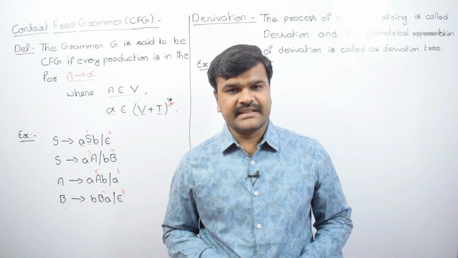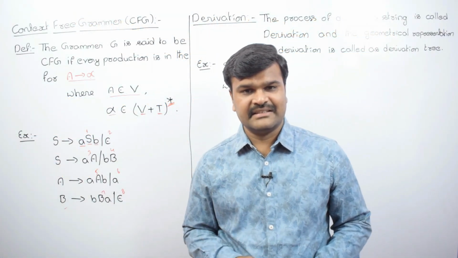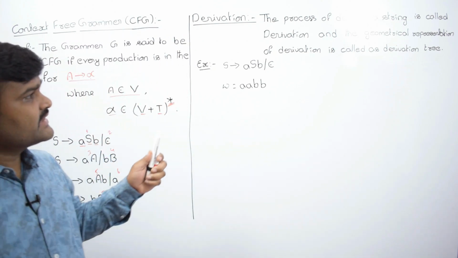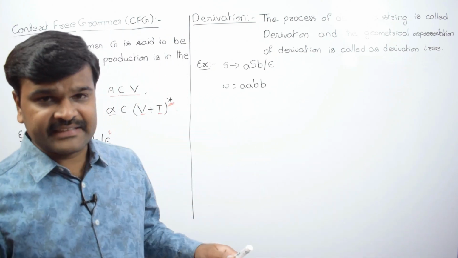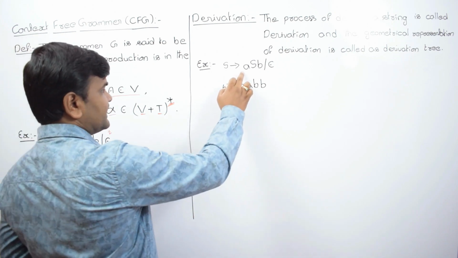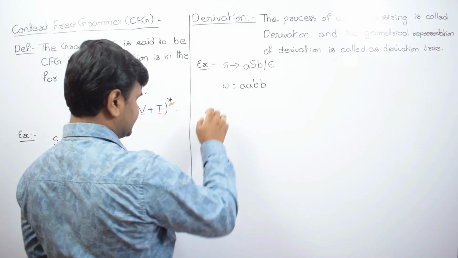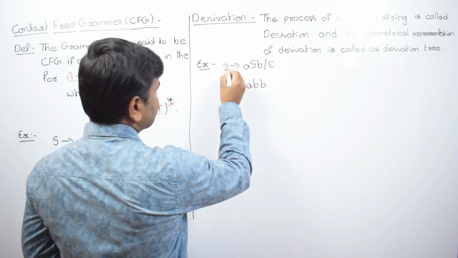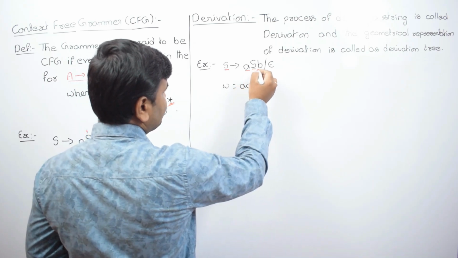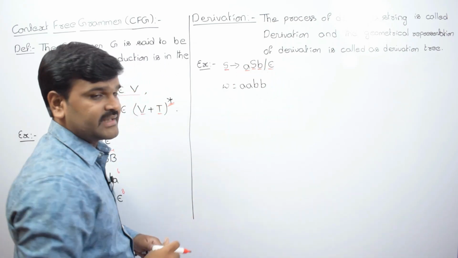Then the next important definition is derivation. So what is the meaning of derivation? The process of deriving a string is called a derivation. Here is the grammar: S, the capital S, is deriving a terminal, a non-terminal, a terminal, a non-terminal, and a terminal.